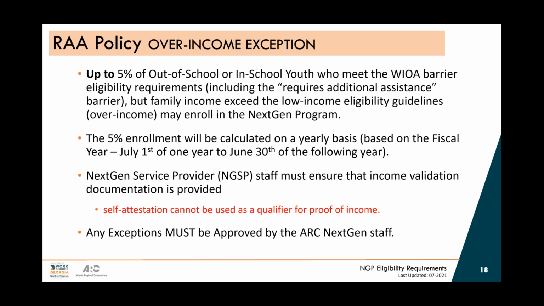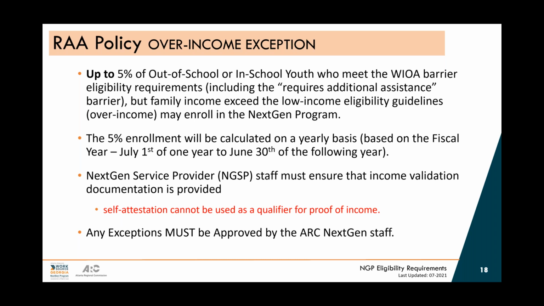which means that they could be under the barrier that requires them to be low income, but then get approved as over income. So the whole point is that there really aren't any barriers. There's ways to get around everything. You just have to have proof of it. If they don't have one thing, then they might have to have two things instead. If you don't have your passport, then you can have your driver's license and your social security number. It's the same thing.